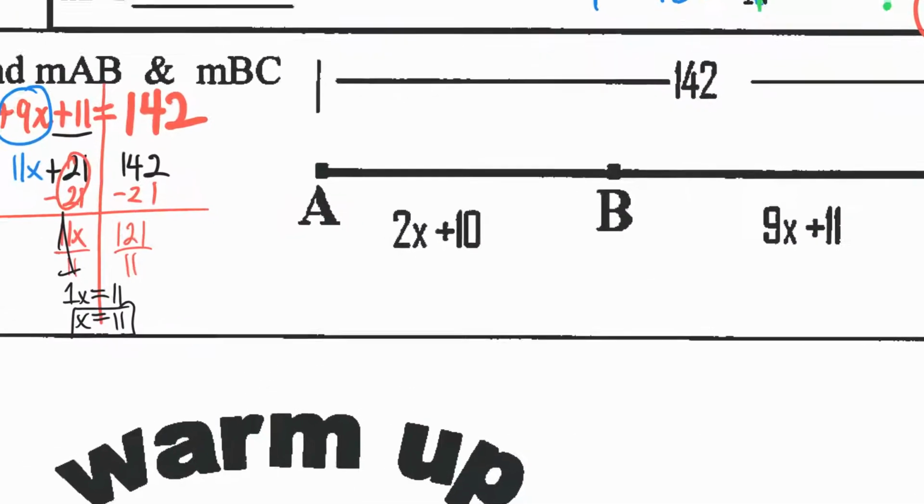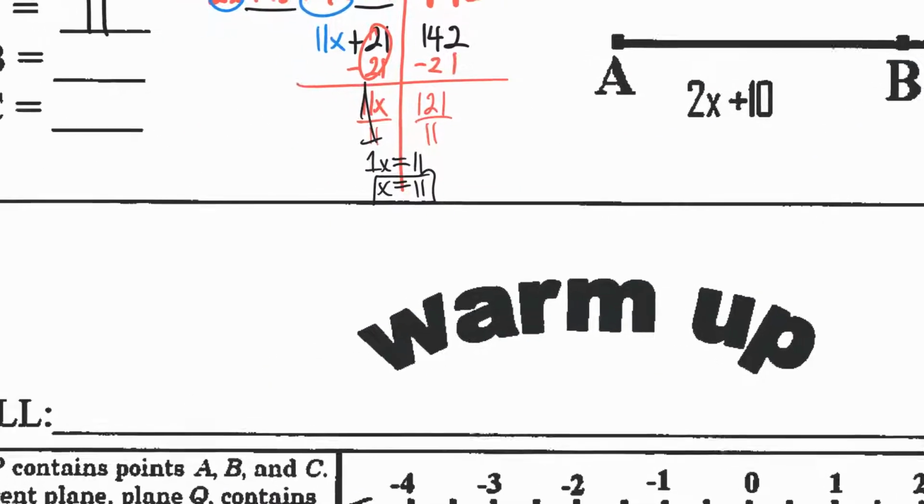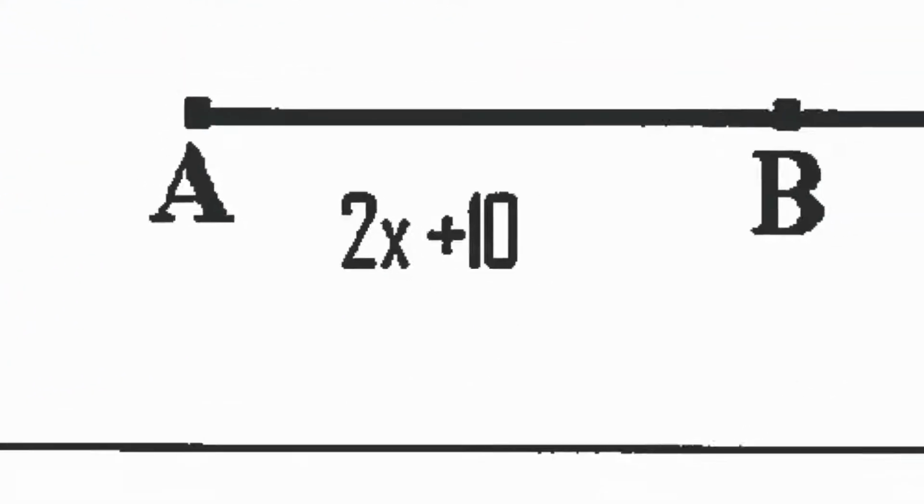Okay? Now, I want to know how long AB is. The problem with AB to start off with is that I didn't know what the x is. Do I know what the x is now? What is the x? It's 11. So I'm going to plug it right in there for x.